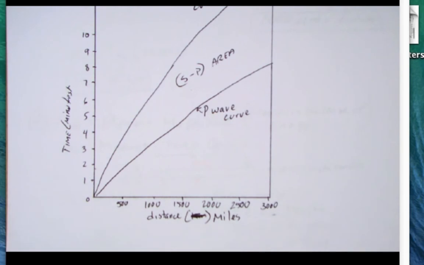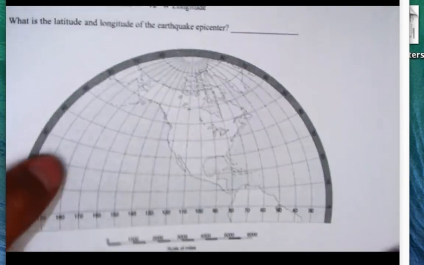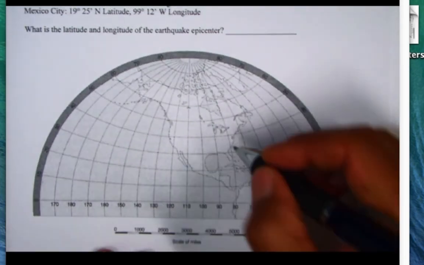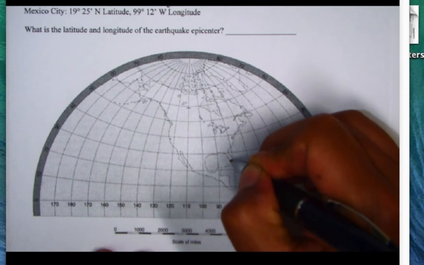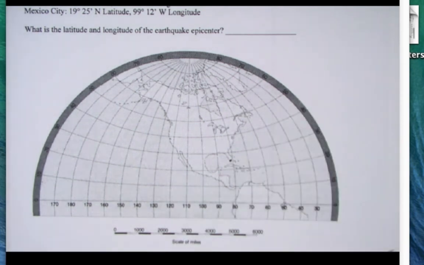And so let's say I'm going to plot this on a map. And let's say that station I just measured was, let's say, in South Florida down here. And if that's our station, and I just determined it was 500 miles, then I'm going to calibrate my compass.